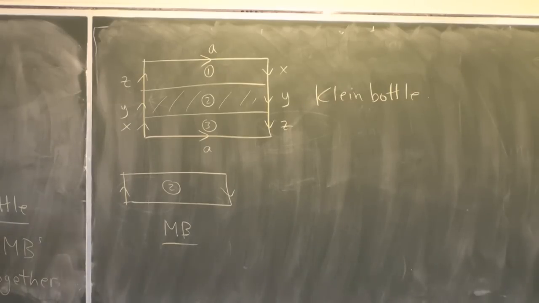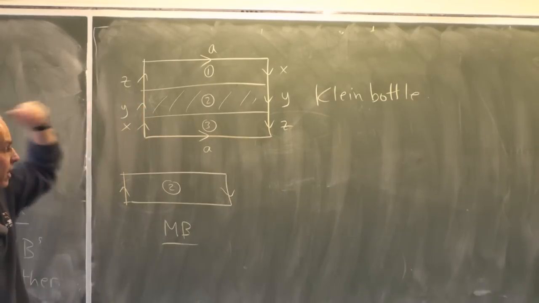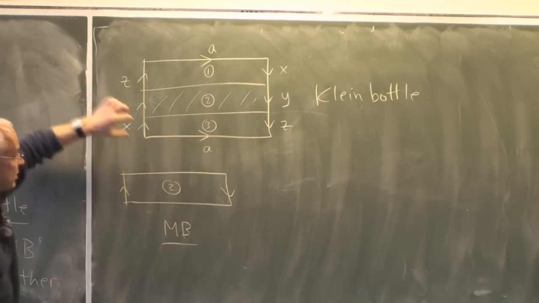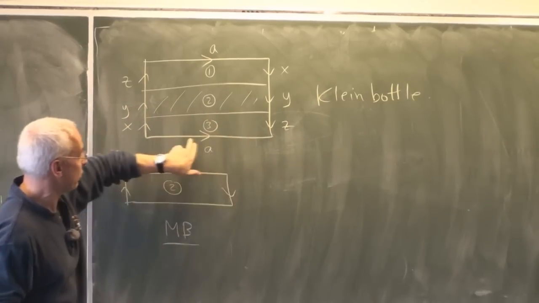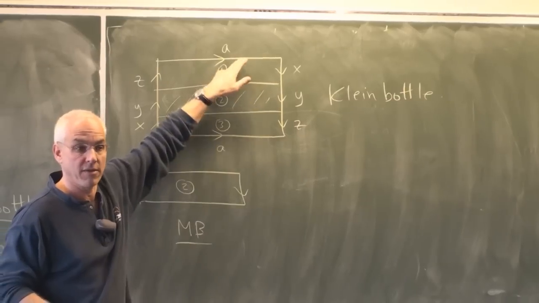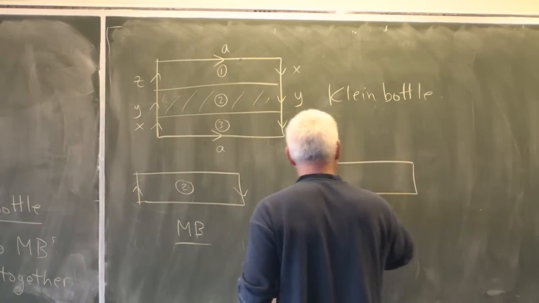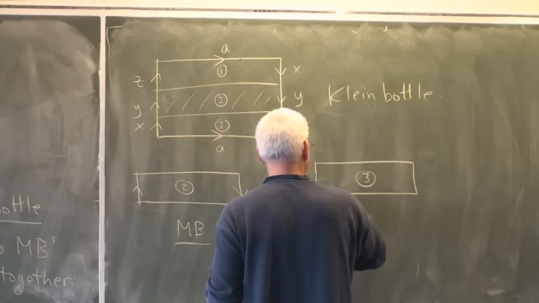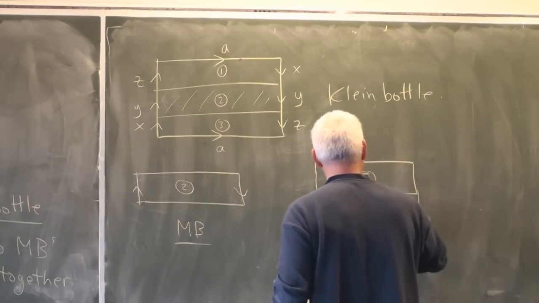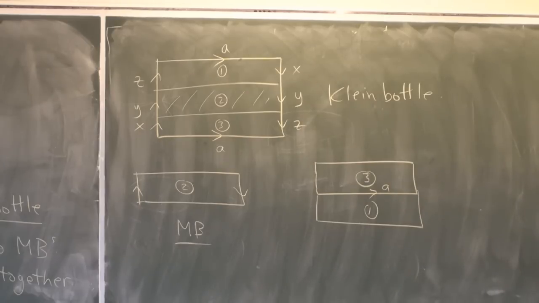Okay, what about 1 and 3? Well, we have to put 1 and 3 together. And how are we supposed to do that? Well, we're supposed to glue this lower edge here to this top edge here according to the edge identification A. So what we're going to do is we'll take our piece number 3 and put it on top of piece number 1 so that the edge A, the common edge A, is being glued together.